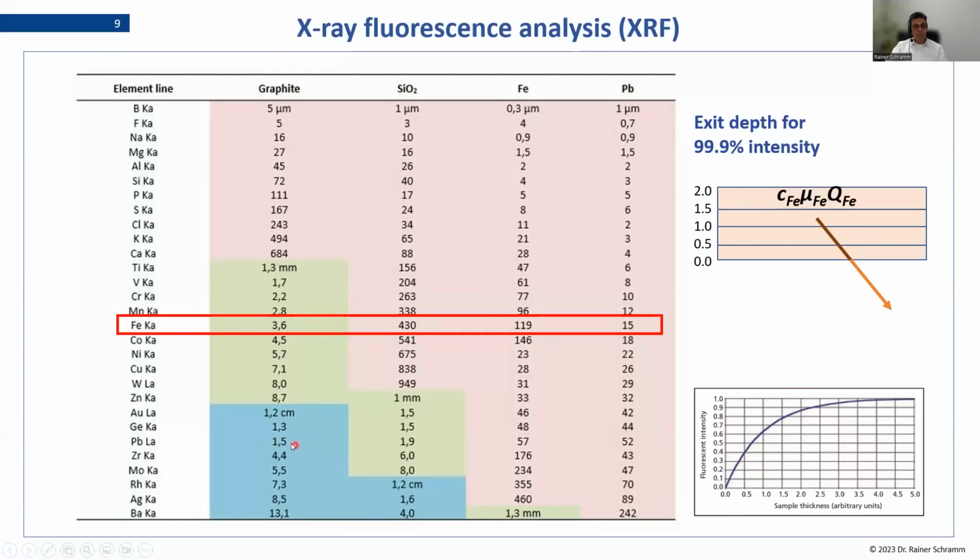In a plastic sample, you see 1.5 centimeter is considered a thick sample. And it could be that very often your polymer sample is much thinner. And then you have to take into account, how is this corrected? How is the intensity made correct to take this into account?